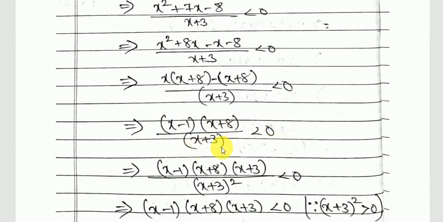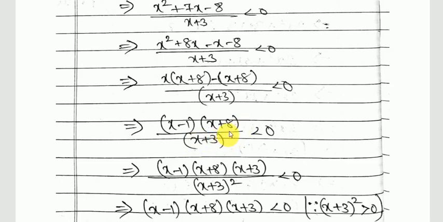Now the thing is, we don't know the actual sign of x plus 3. It could be positive or negative depending on the values of x. So what I will do is multiply and divide by x plus 3 only.